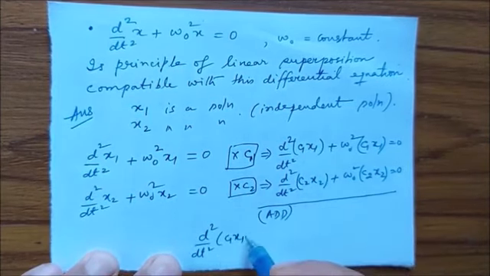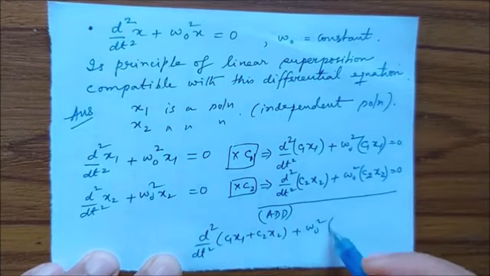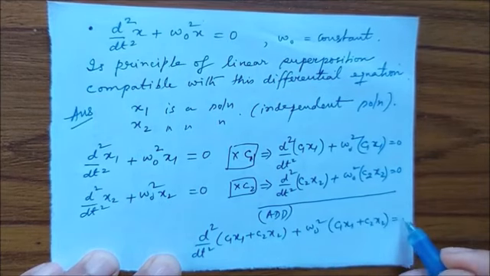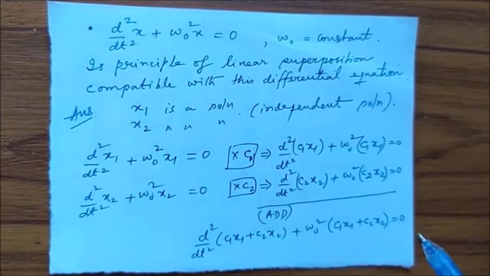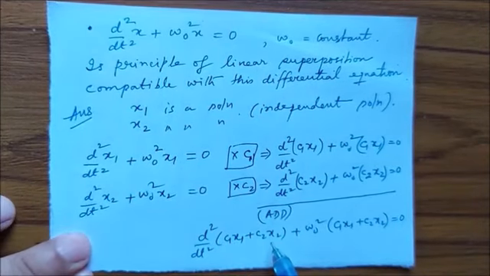We have c1x1 plus c2x2, and it is clear that c1x1 plus c2x2 is a solution.